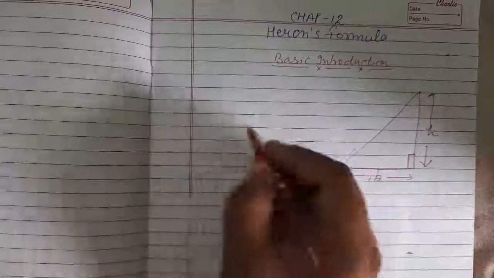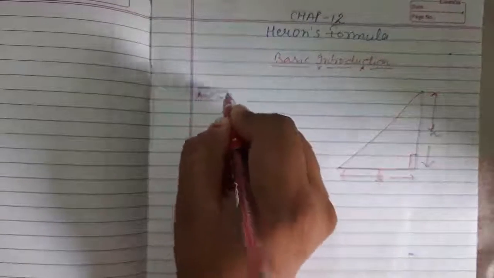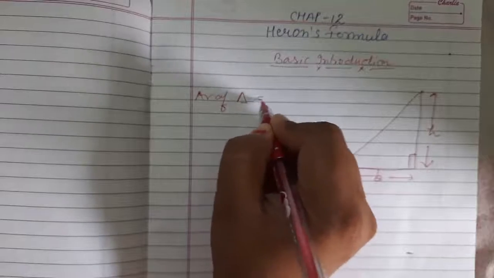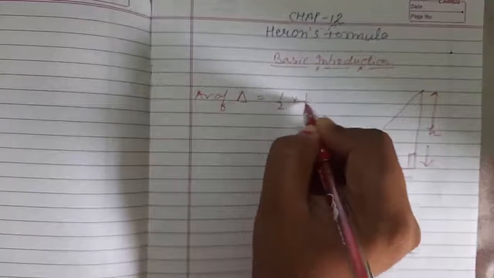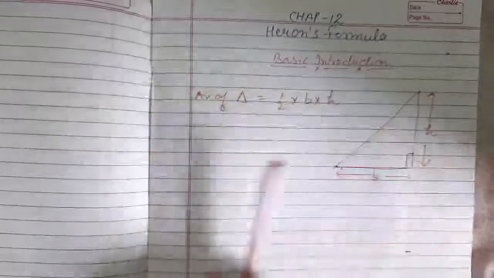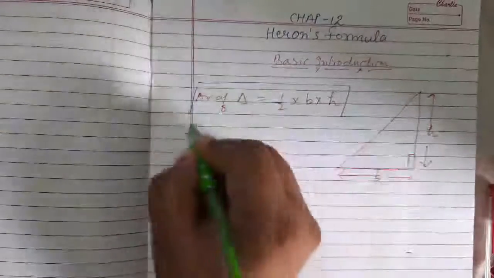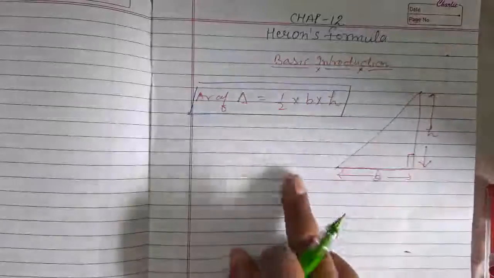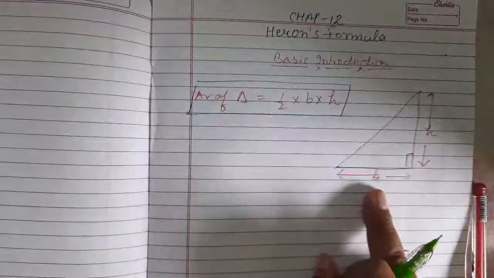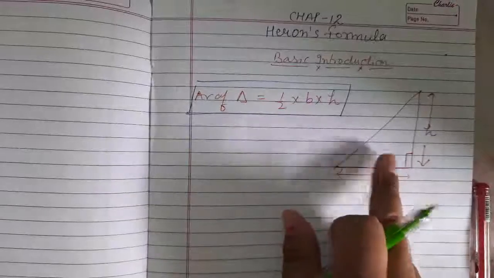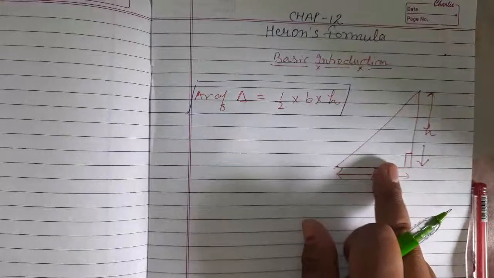So we can find out the area of triangle is equal to half into base into height. So we can use this formula when the height and base are given, and we can apply this formula only when the triangle is a right angle triangle.